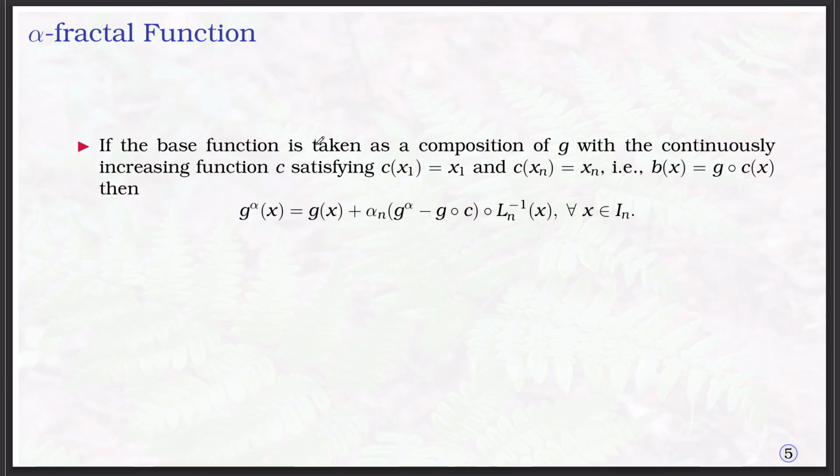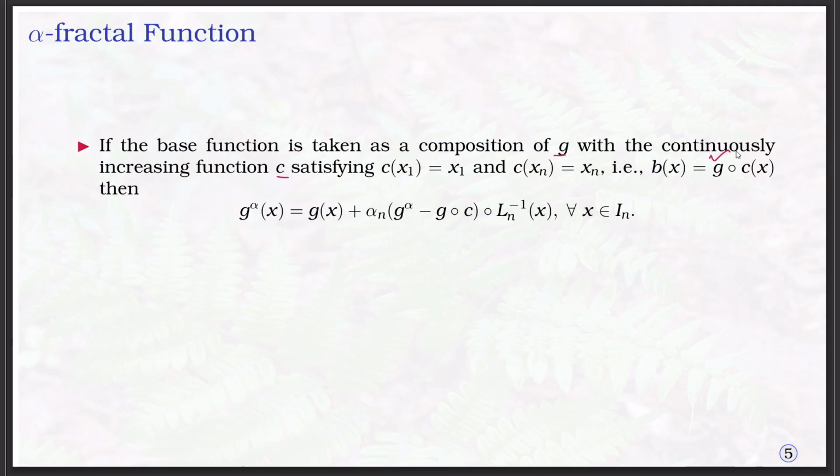Now if the base function is taken as a composition of g with the continuously increasing function c satisfying c of x1 equal to x1 and c of xn equal to xn, that is b of x is written as g composition c of x.